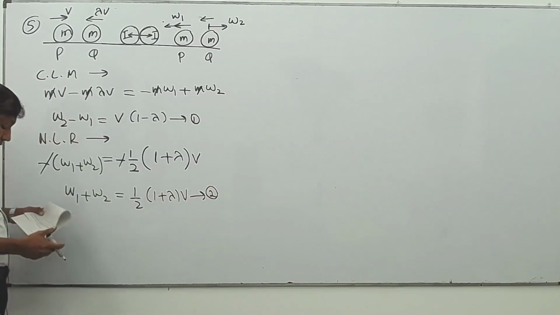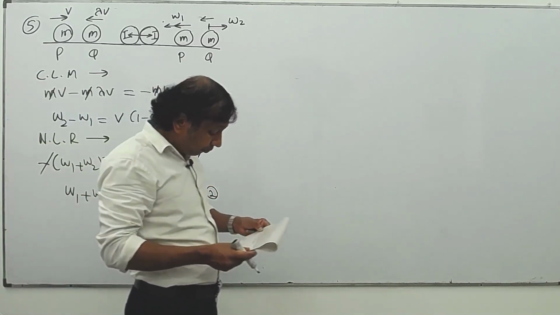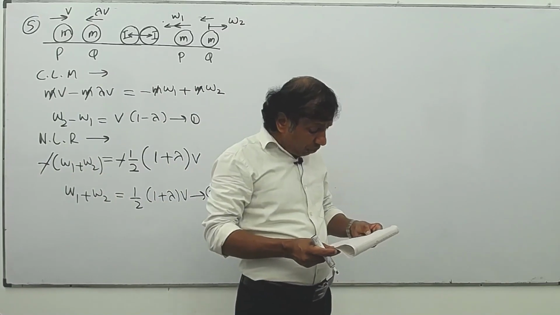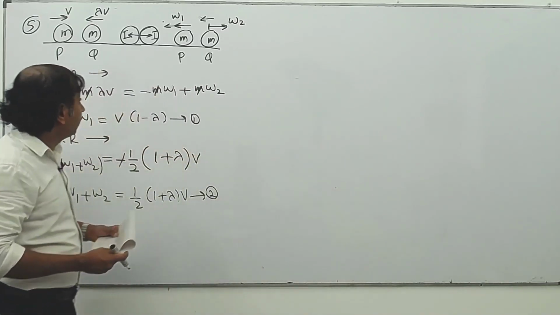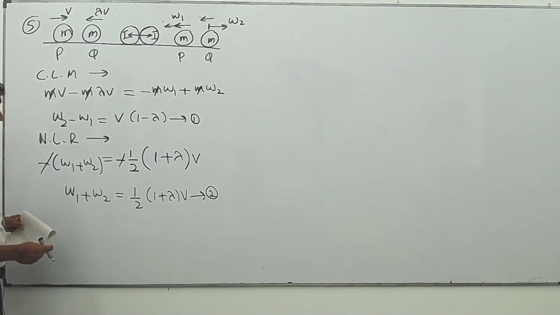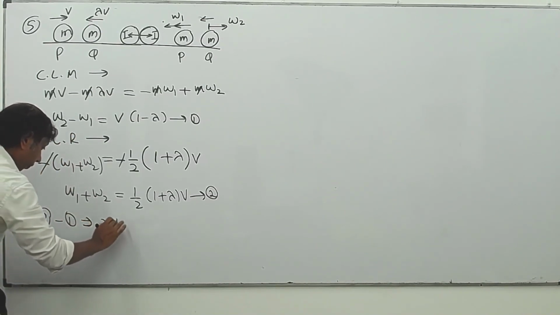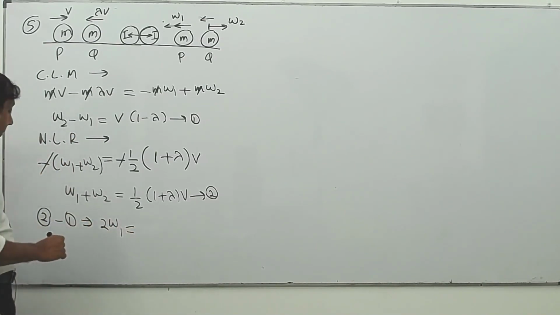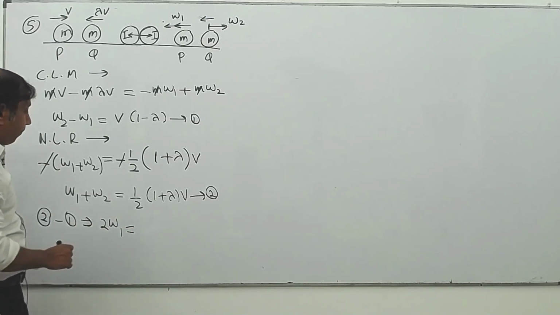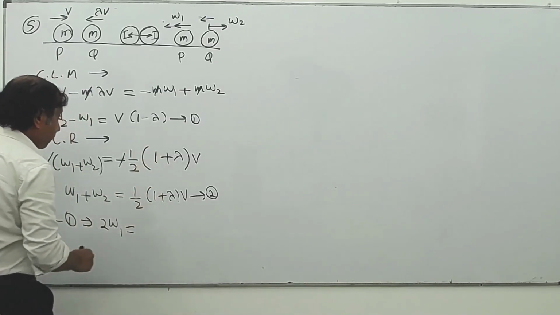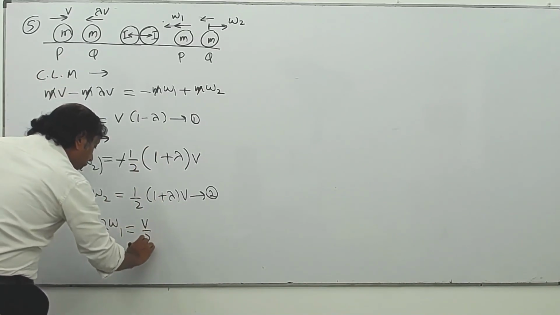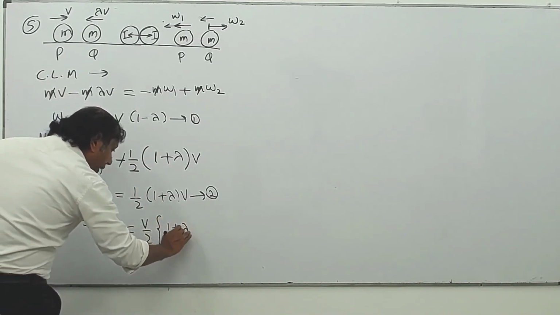Now what is asked? Find the velocity of P after impact. That means W1. How to find W1? Take 2 minus 1. W2 will cancel off. This and this, 2 W1, no? Then this minus this. Then take v by 2 out, 1 plus lambda.